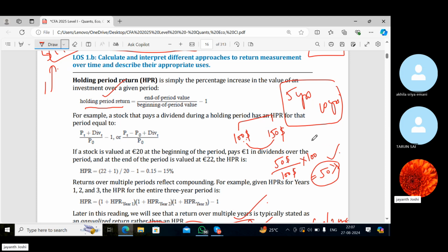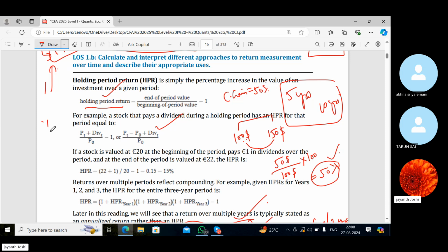But do you think this is the only return you're going to get? No, this is the appreciation in the share value. Apart from this, the company is going to give you your share of profits every year, in the form of dividends, that you're going to get extra. So on one side, the capital gain you are expecting is 50%.